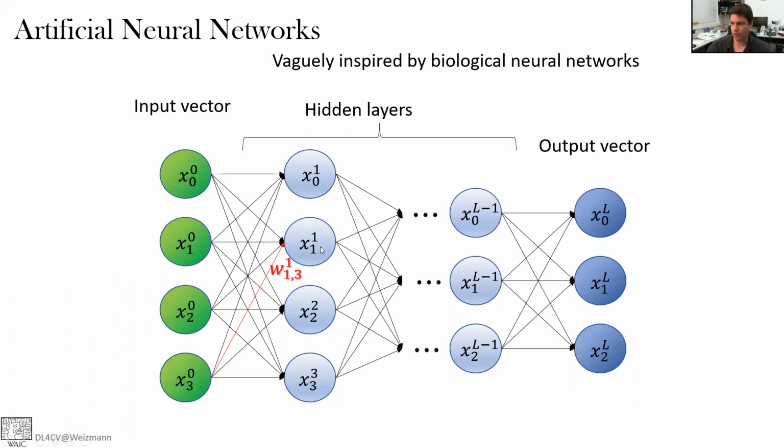Okay, so this is superscript 1. The first subscript, 1, is the neuron we connect to in the forward side of the arrow, and the second one is where we came from, which is in this case the number 3.